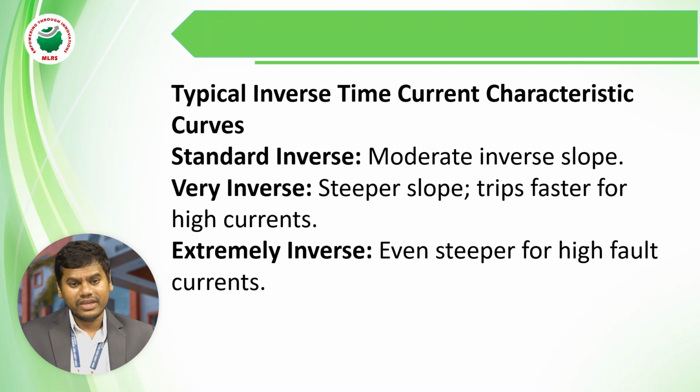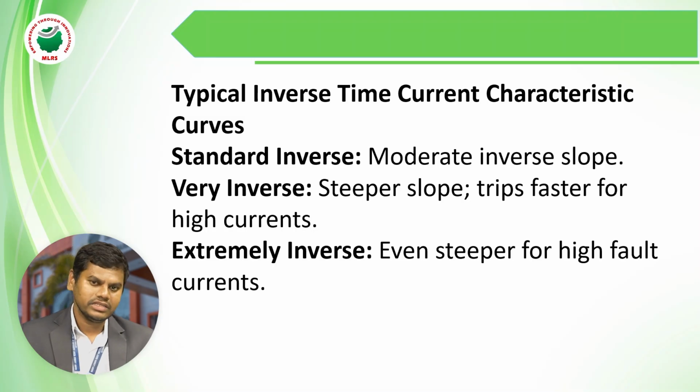Next, very inverse, steeper slope, trips faster for higher currents. Next, extremely inverse, even steeper for higher fault currents. So these are the typical inverse current characteristic curves.